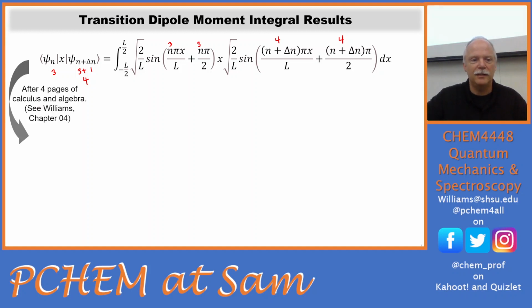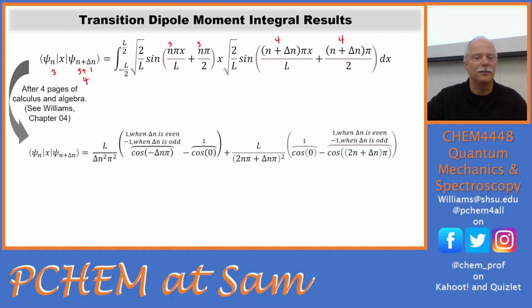So after 4 pages of calculus and algebra, we get this result. All right, so this is the end result here, where all of these constants came out front due to integration and so on. And we end up with these sine functions turning into cosine functions, and we have this difference between cosines in both of these terms.